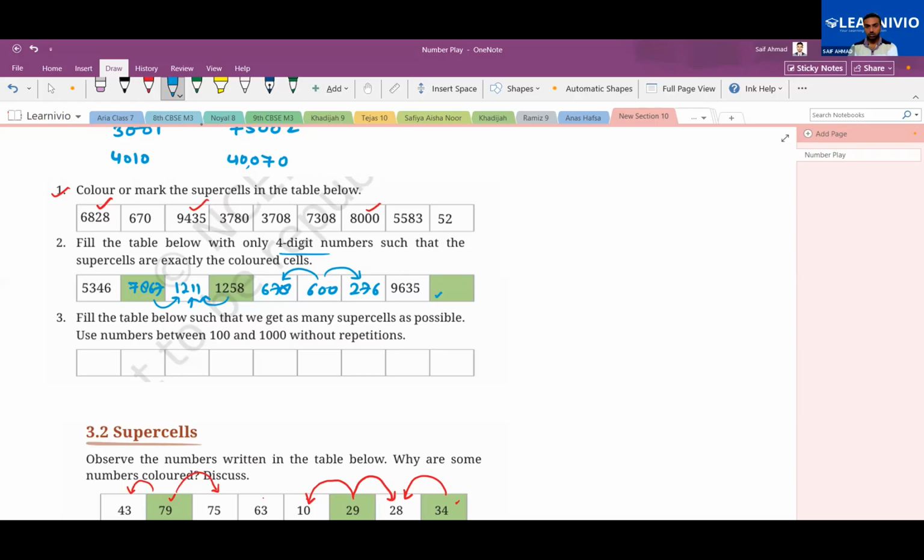No, it should be larger than this number. It should be greater than this 9,000 number. 9,678. Yeah. Okay.